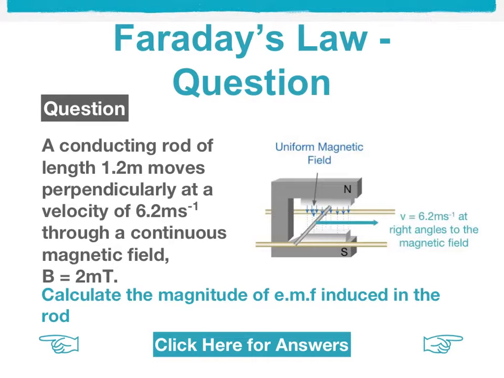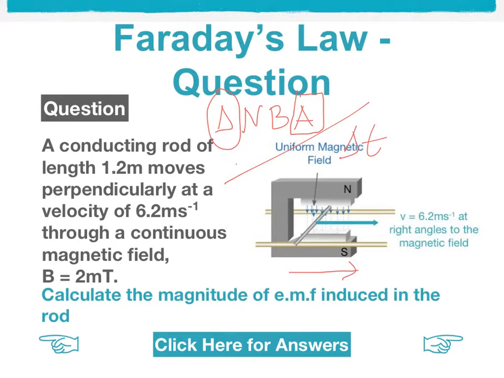Remember, our relationship is delta NBA over delta t. I'm not worried about the cosine because there's no angle here. So what exactly is changing here? Well, it's moving, so we're considering the change in area that we're cutting. So this little bar is moving this way at a speed of 6.2.